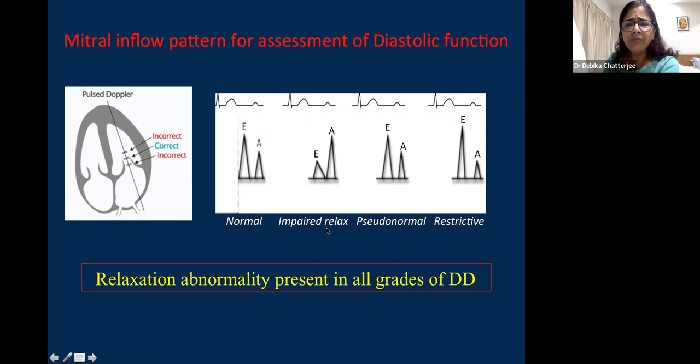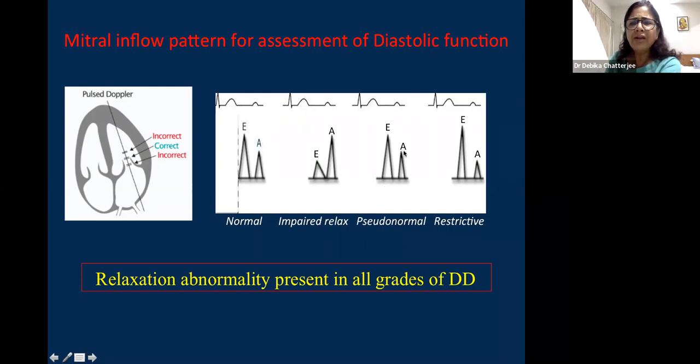Now, as time goes and diastolic dysfunction advances, a time comes when the LA pressure gradually rises. So when there is a moderate rise of the LA pressure, what will happen? Again, the pressure difference between LA and LV will increase, and that will result in an increase in the E wave velocity.